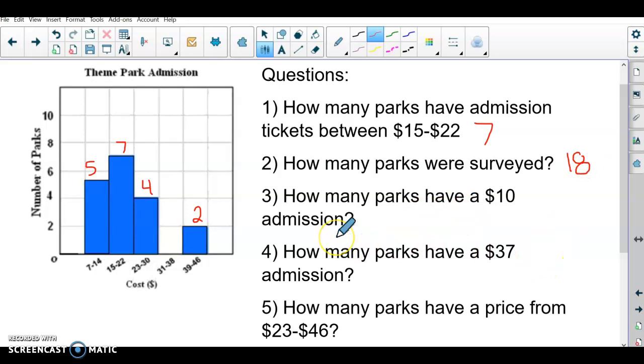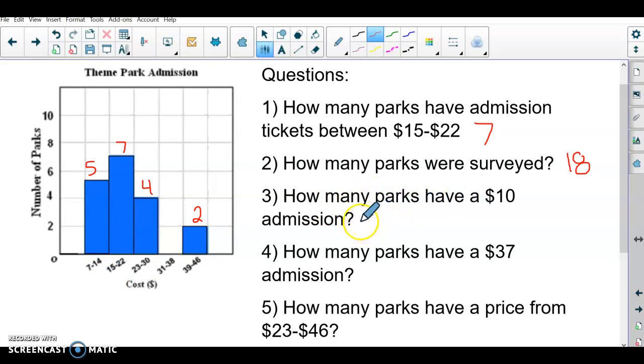How many parks have a $10 admission? Okay, so this question is a trick question. Where does $10 fall? Right in here. So we know that there are 5 parks that have admission from anywhere from $7 to $14. But do we know how many parks have a $10 admission? No, we don't.